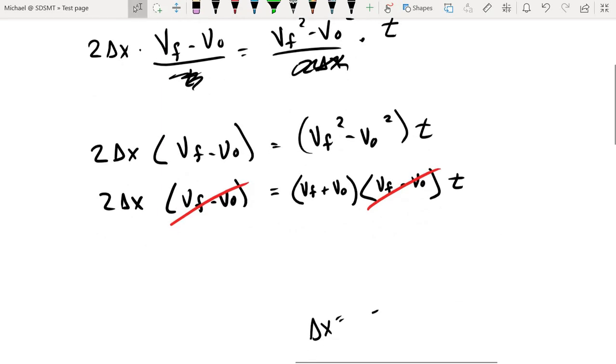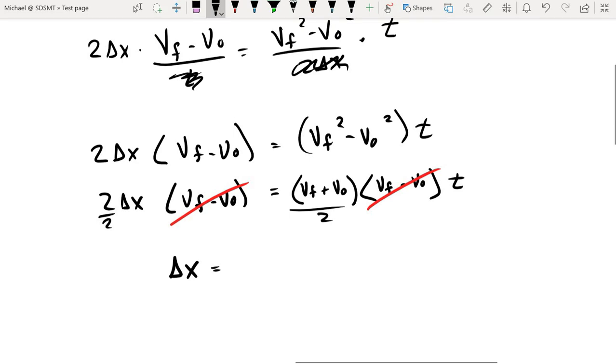And what is left, once again, our author is very big on having the final version of this expression written in terms of delta x. Well, there's only one thing we have to do to get delta x by itself, and that is to divide by 2.